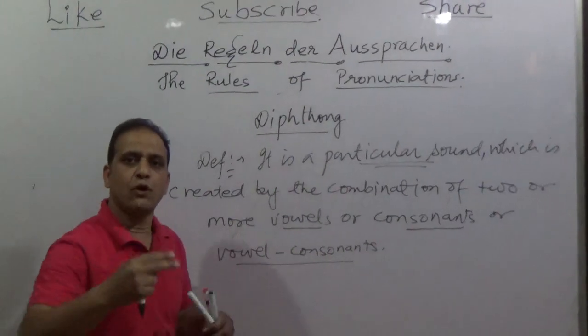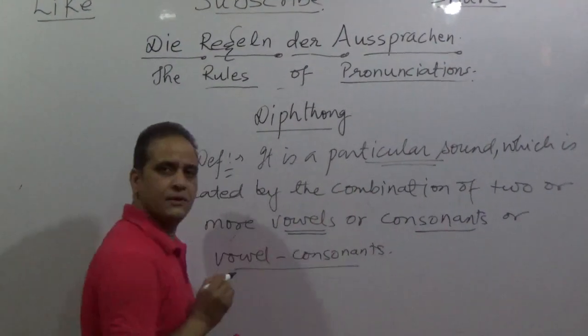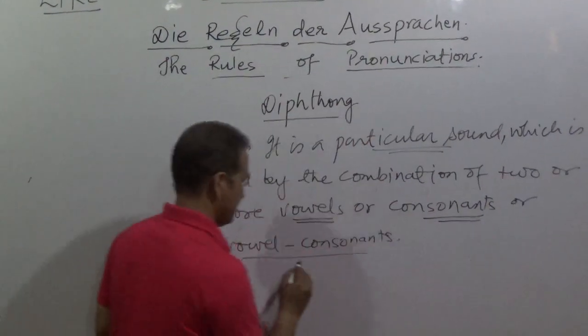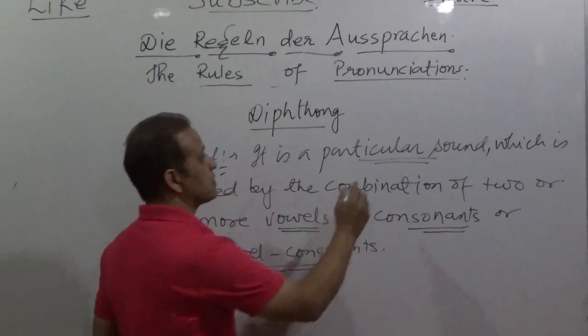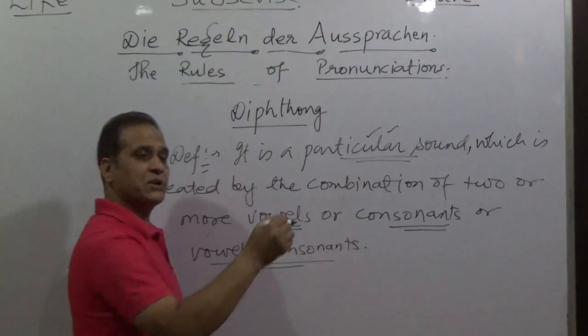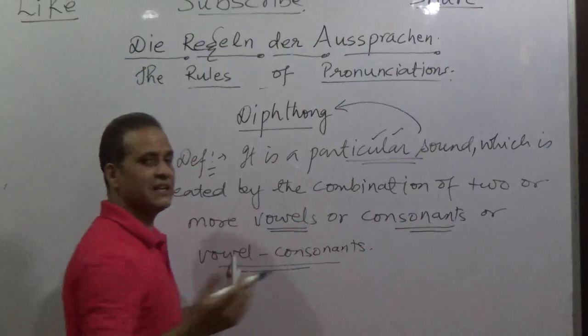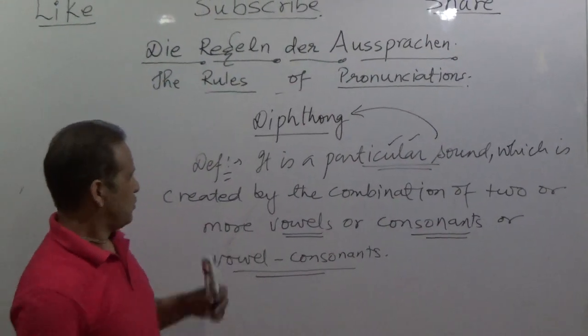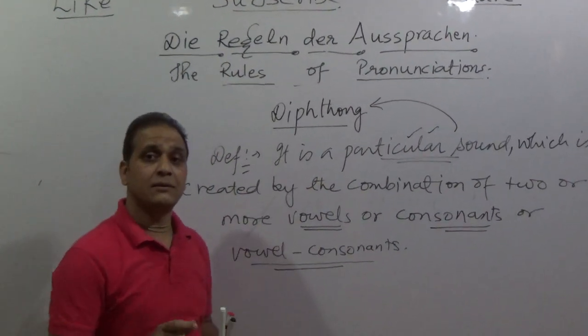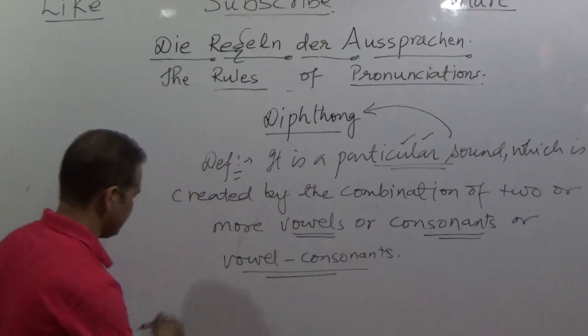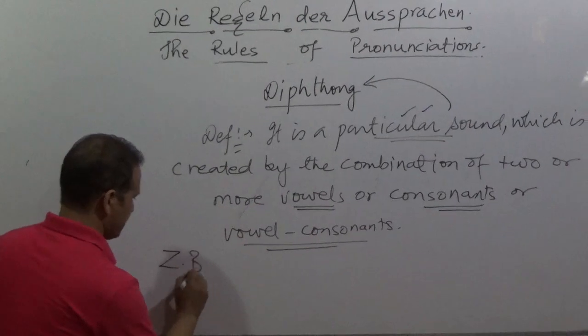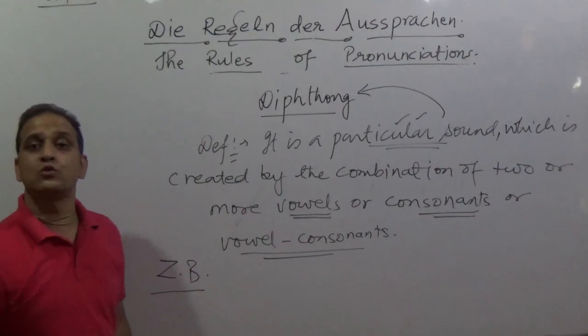So when two or more vowels, consonants, or vowel-consonants together give rise to a particular sound, that particular sound is called a diphthong. To understand it better, we will do some examples. For example, in German, we say zum Beispiel.